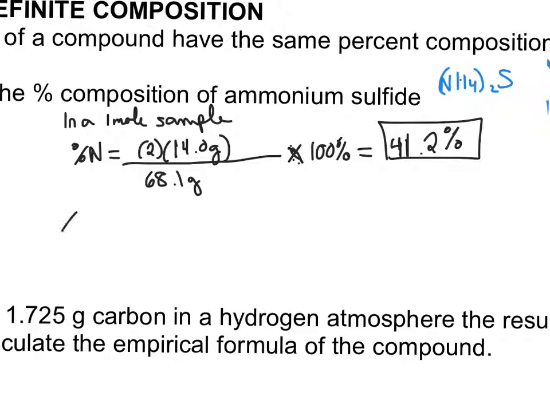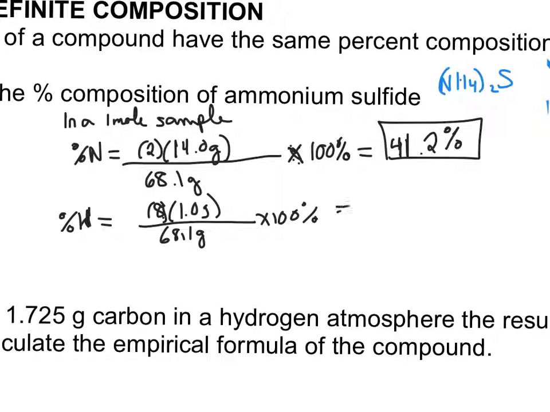If you wanted to do the same thing for the other ones, so percent hydrogen. So I'd say 8 times 1.0 grams over the 68.1 grams times 100%. That gives me 11.7% hydrogen.